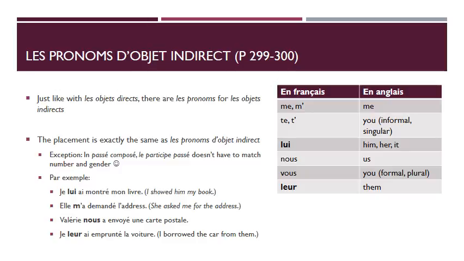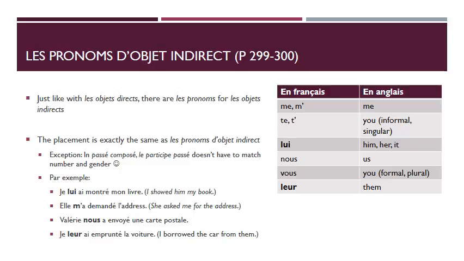All right, now just like with l'objet direct, there are les pronoms for les objects indirect. Nice thing, almost all of them are the same. Woohoo! The only problem, yeah, there's two that are going to be different. I'm sorry, but the good news is that it's just two, and actually one of the words is super familiar and the other one encapsulates all three words, so it makes it a little bit easier.